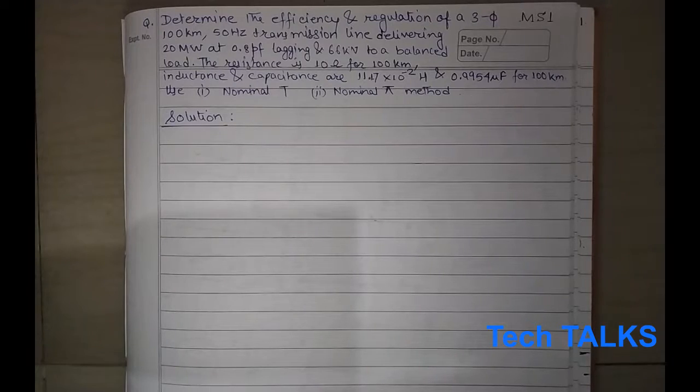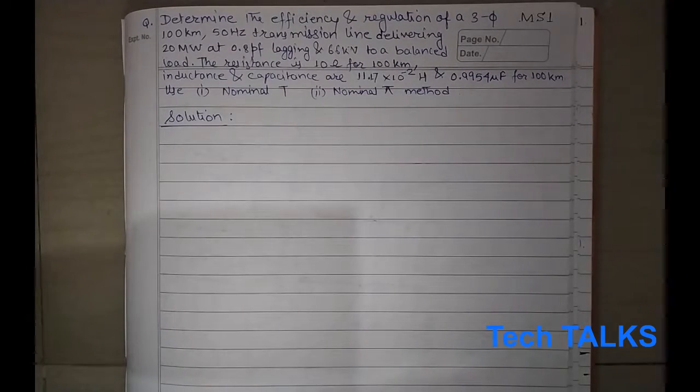In this session, we will learn to solve problems, mainly efficiency and voltage regulation of a three-phase system using the nominal T and nominal pi methods. Most of the time, in your theory, there are a lot of formulas that you have to remember to solve this type of problem.